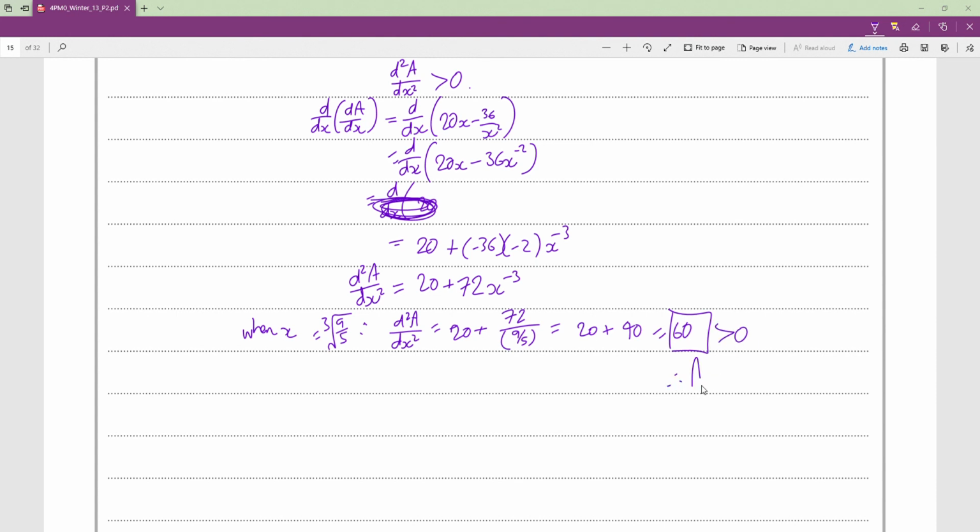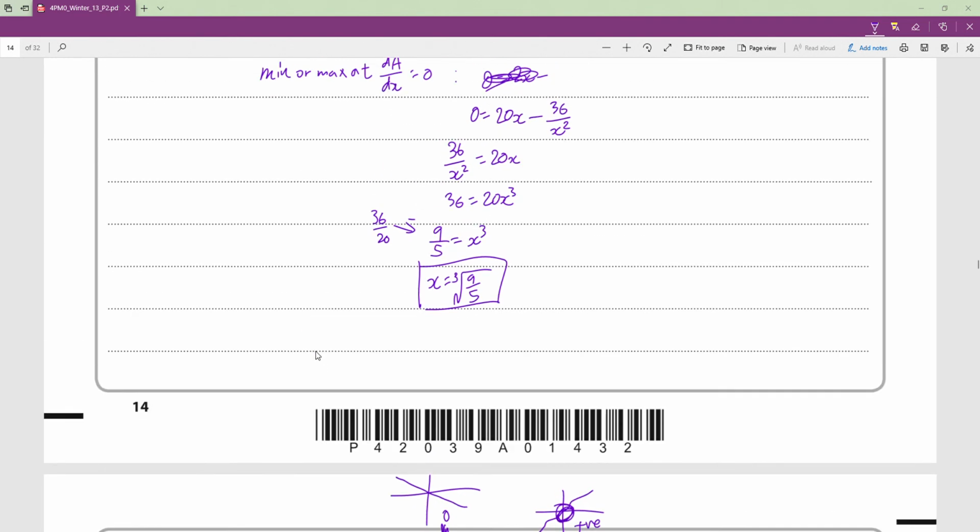Therefore, A is at a minimum. QED, quod erat demonstrandum. We have demonstrated that it's at a minimum.